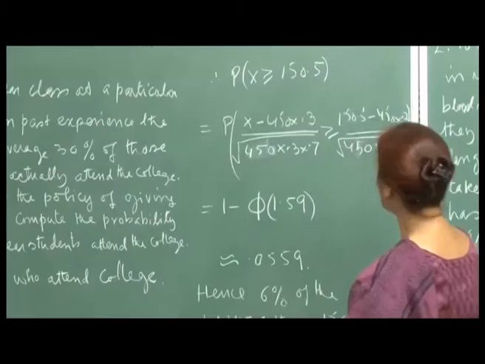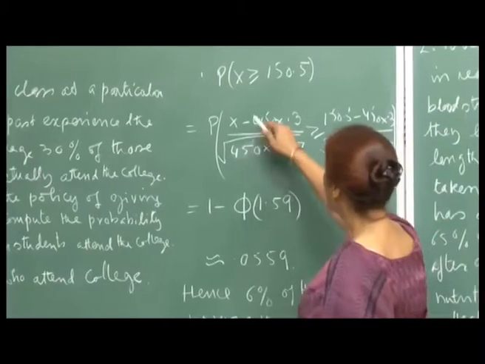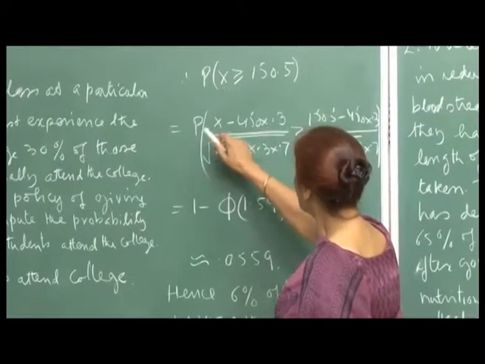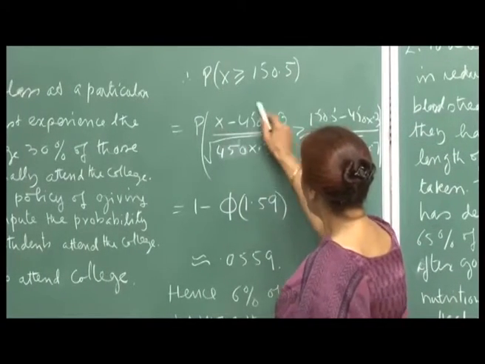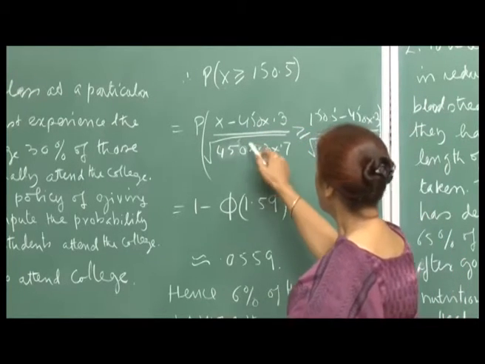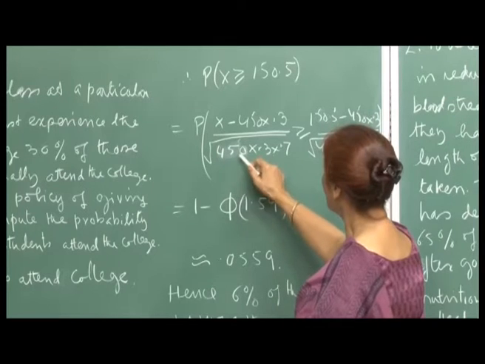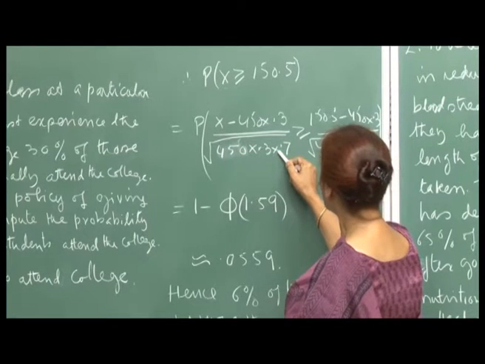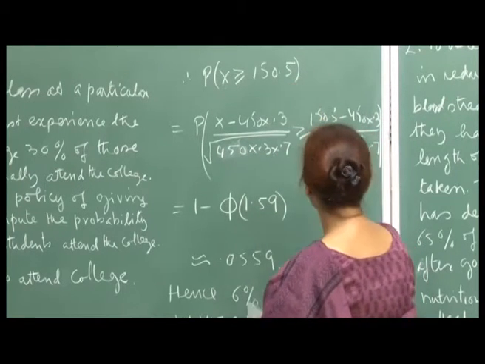So, therefore, we just standardize this variate, and therefore, subtract np, which is 450 into 0.3, and then divide by the square root of npq. So, 450 into 0.3 into 0.7, and do this to the right hand side also.